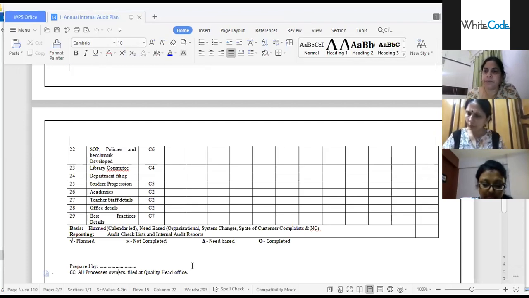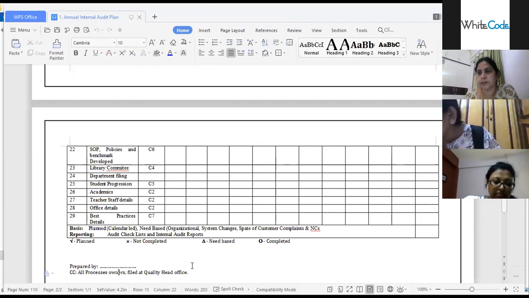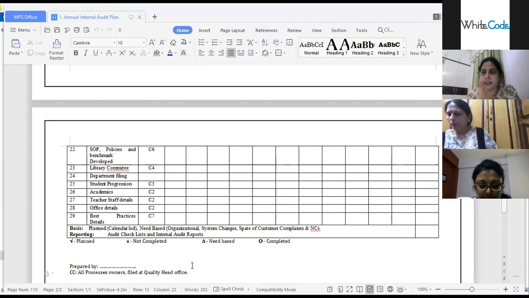If you have planned but due to some reasons you have not completed that audit, then in the calendar you make a cross mark on that part. That is, a right mark will be there, that is planned, but you have not completed, so below the right mark you put a cross mark also. If you have done a need-based audit somewhere, then you add a triangle there saying that it was needed, that's why we have done it.